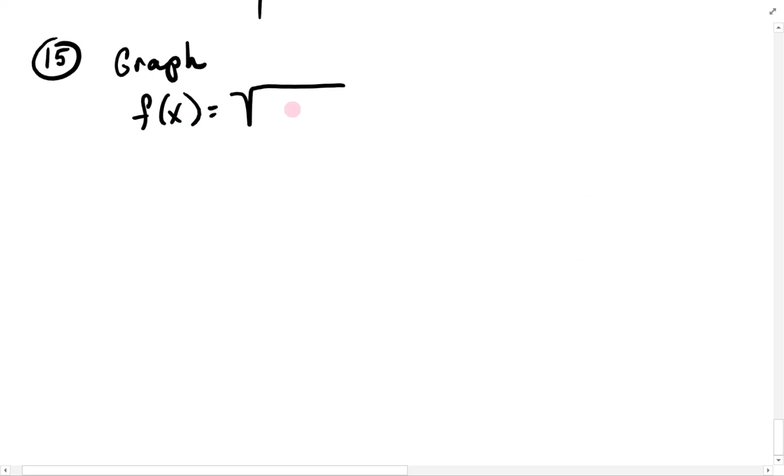Number 15, which is the last of these, it says to graph f of x equals the square root of x plus 7. All right, this is a square root function. The shape of the square root, I call it the branch.